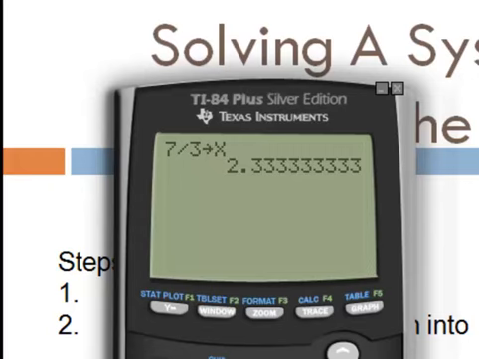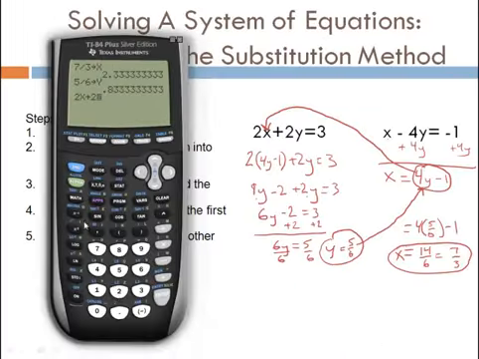And then I'll take 5/6 and store it into the y value. And though it took me a second to do that, now I can evaluate these really quickly by just typing 2x plus 2y, and I'm hoping that this gives me a 3.